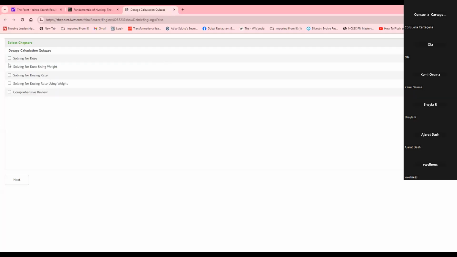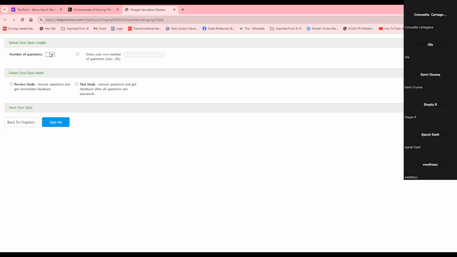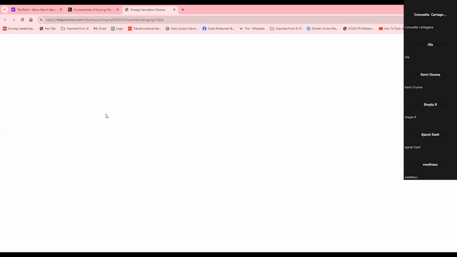And they do weight-based. These are what you're going to see on the test as far as weight-based. Let me just show you.